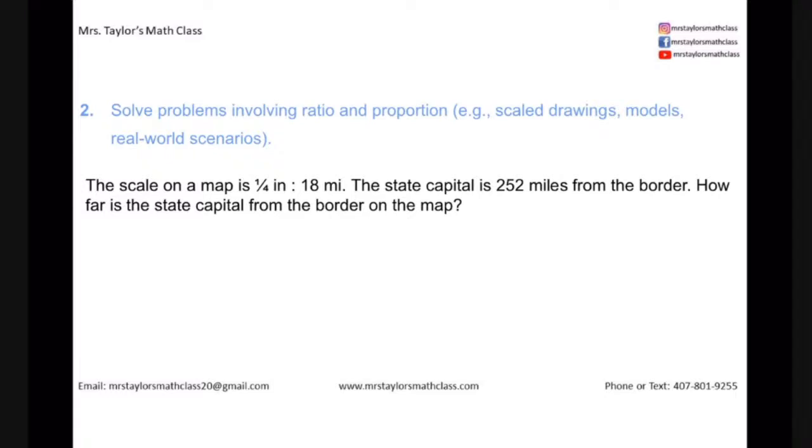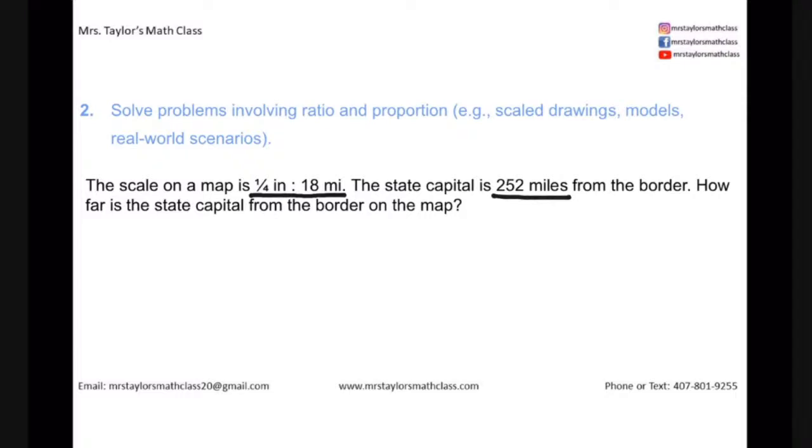So, when I see this type of setup, when I have the 1/4 inch to the 18 miles, I automatically know I'm going to set up a ratio that's going to become a fraction, okay? And then the other side, I'm going to set it equal to 252 miles, and I don't know what its measurement is on the actual map.